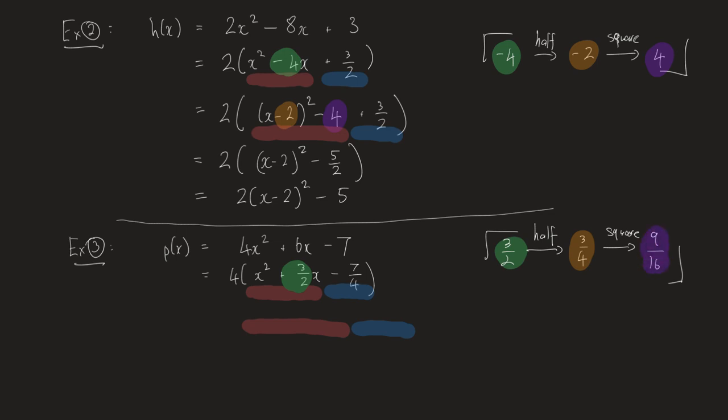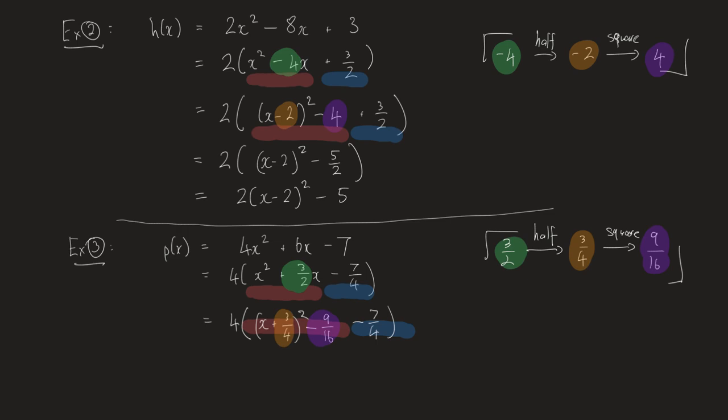So let's put this all together, but remember that constant coefficient 4 I've pulled out the front. I'll use that 3 over 4 term to form the perfect square. I'll subtract off that 9 over 16. And then I'll remember I've got that negative 7 over 4 hanging around waiting to join the party.